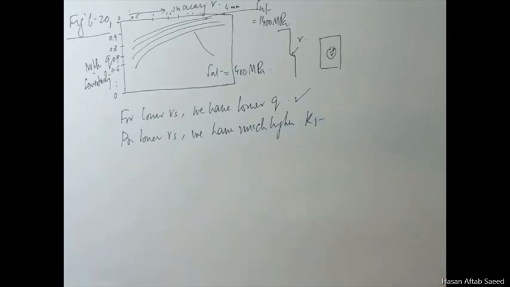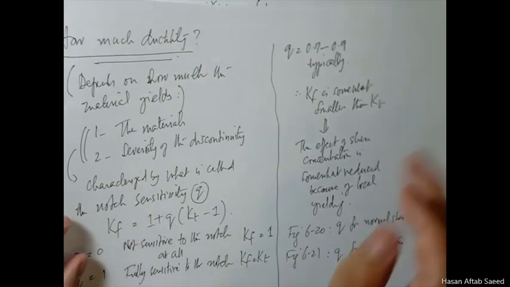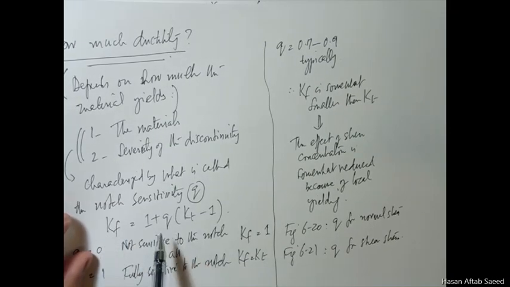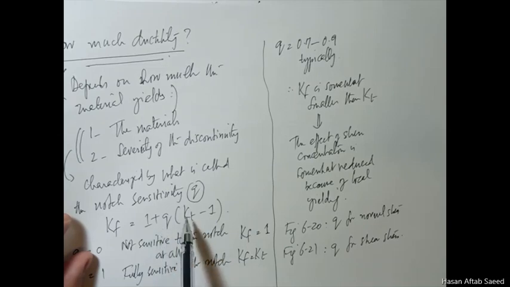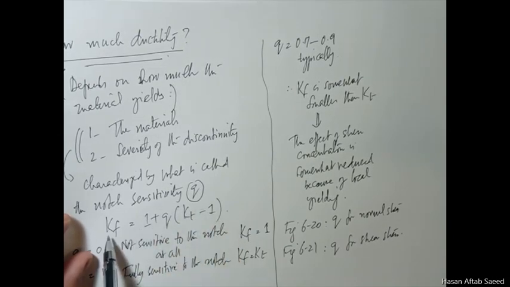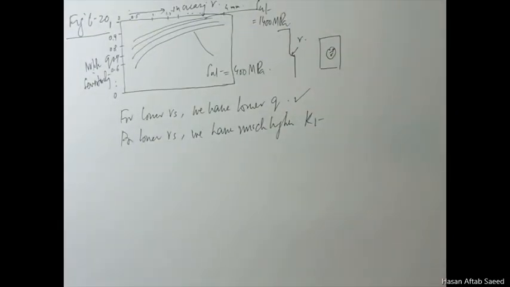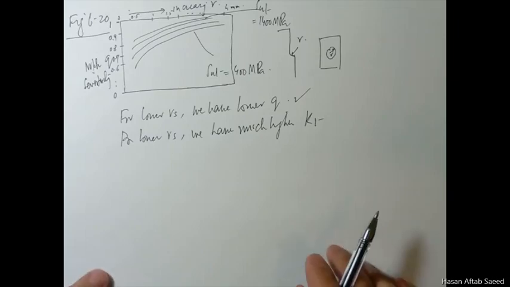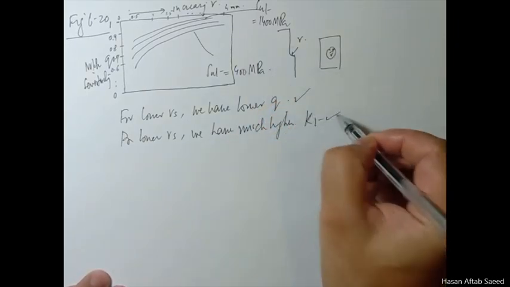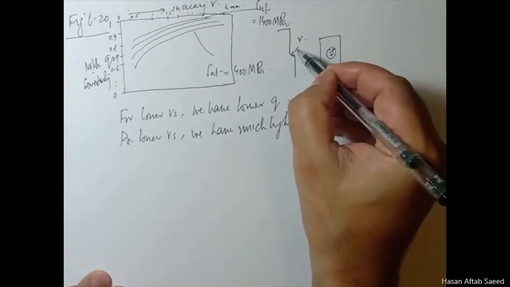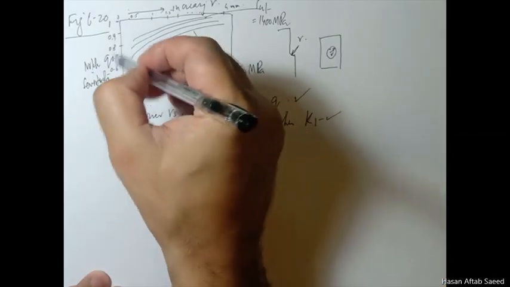So if you recall this, if you want to have this smaller, obviously you need this to be smaller. But if making this smaller means that this becomes very high, then the net effect will be KF will be higher. Only KF will not be as high as KT would become. Q will slightly temper it, but not completely. So you have to keep this in mind, that it's a good thing that for low values of R's we have lower notch sensitivity.